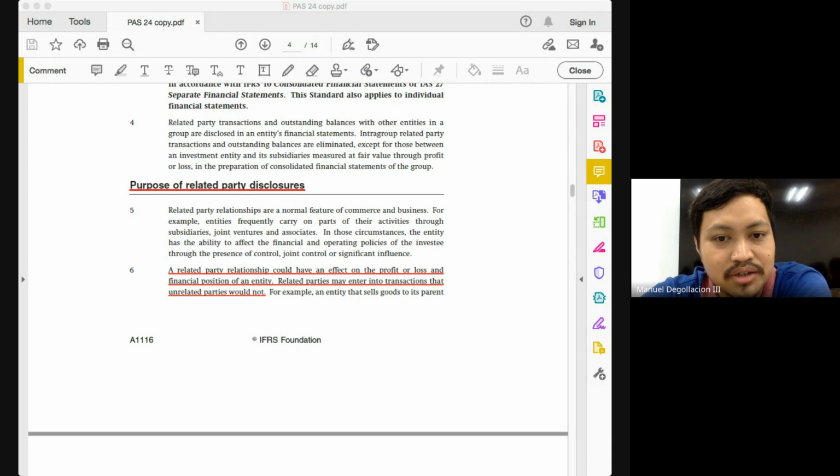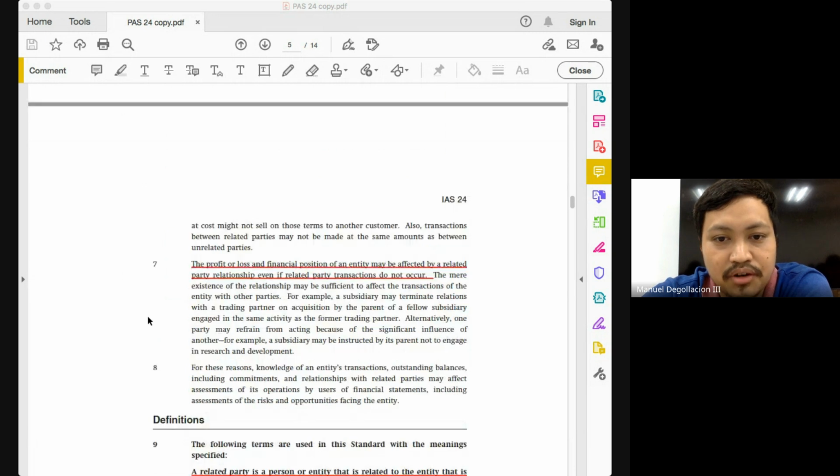Because again, the transactions between related parties will have an effect on their profit or loss. Okay, it's possible class for related party transactions to actually be a losing transaction for one of the parties. And the only reason that that party entered into the transaction, it's because they are related parties.